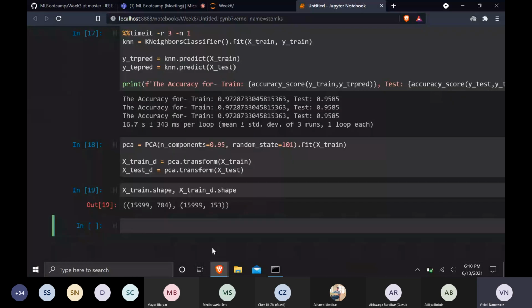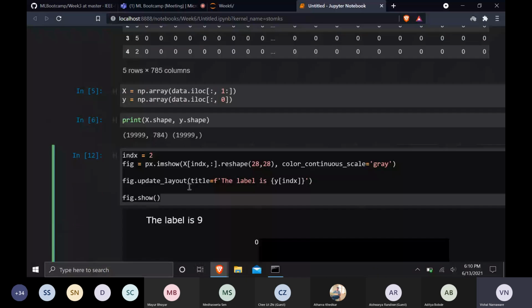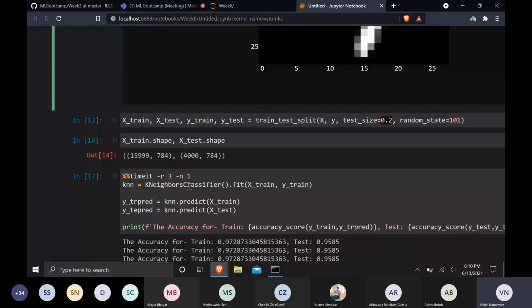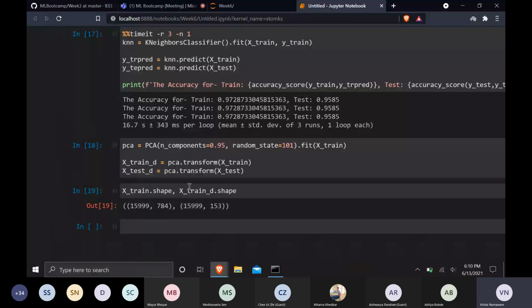And to get a sense of what this decomposition has done, we can again reproduce the original image from this decomposed vector. Right. So I'm just going to copy the above cell, Control A, Control C, and paste it here, setting the index as 0.